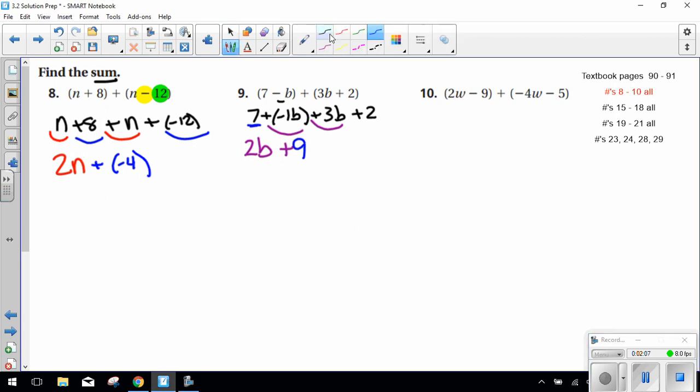Number 10, I'm going to take this minus and write it as a plus. I'm going to take the opposite here, and I'll take this minus, write it as a plus, and take this opposite. So this gives me 2w plus negative 9 plus negative 4w plus negative 5.